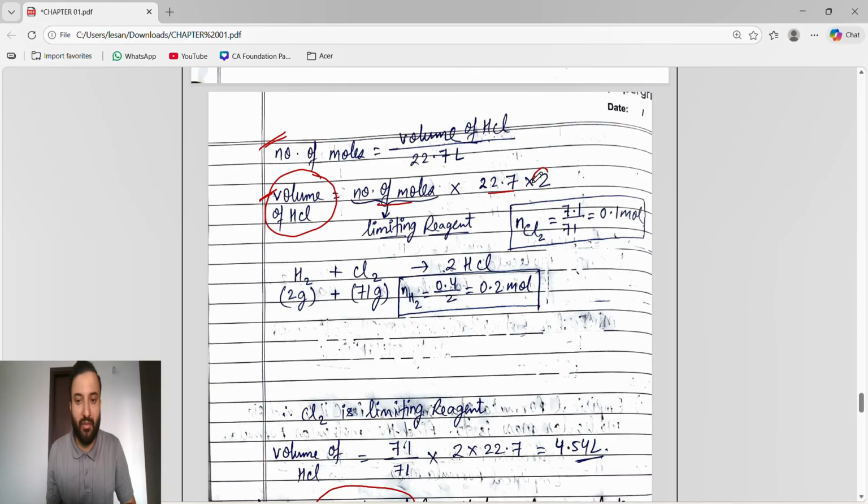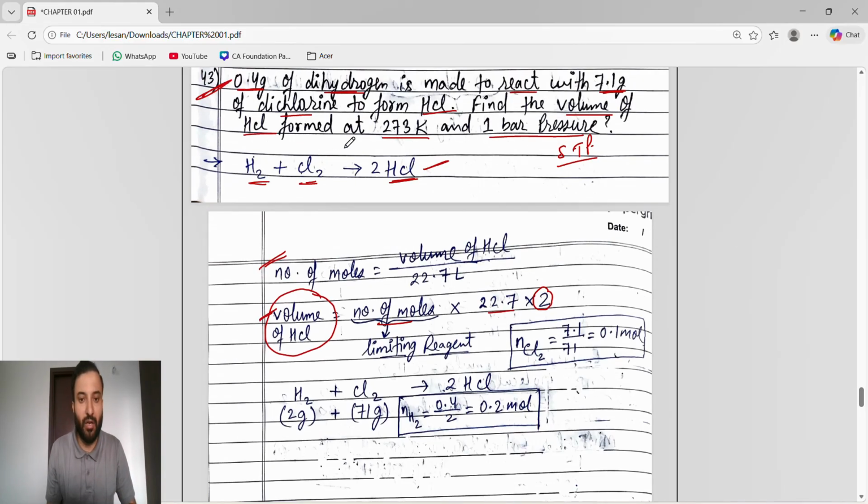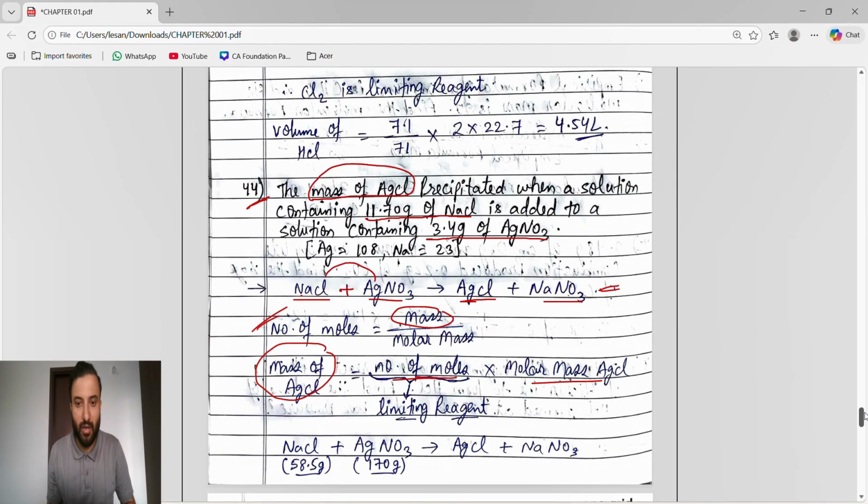Guys, here why did we multiply by 2? Because we have to see how many HCl are present: 2 HCl, so into the stoichiometric coefficient. Here we see how many AgCl are present: 1 AgCl, so we just multiply with the molar mass of AgCl. That's it.